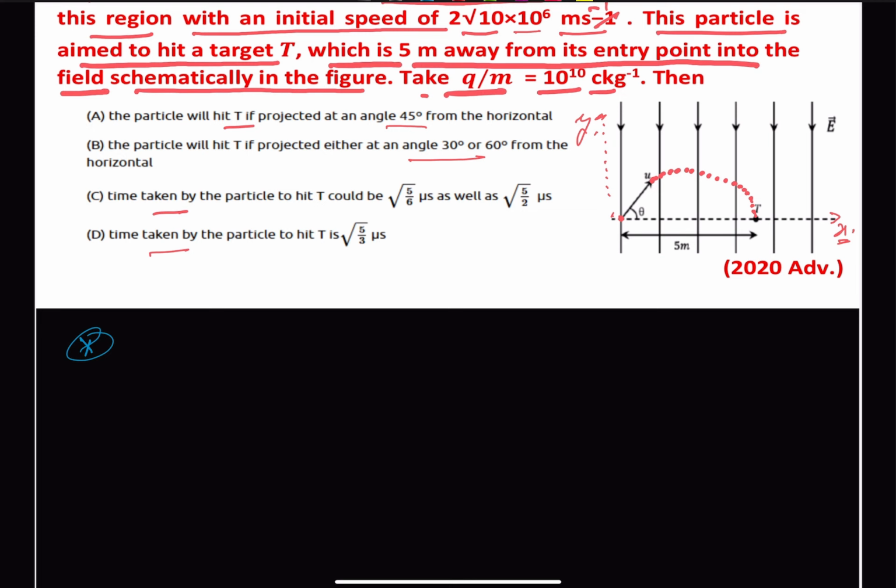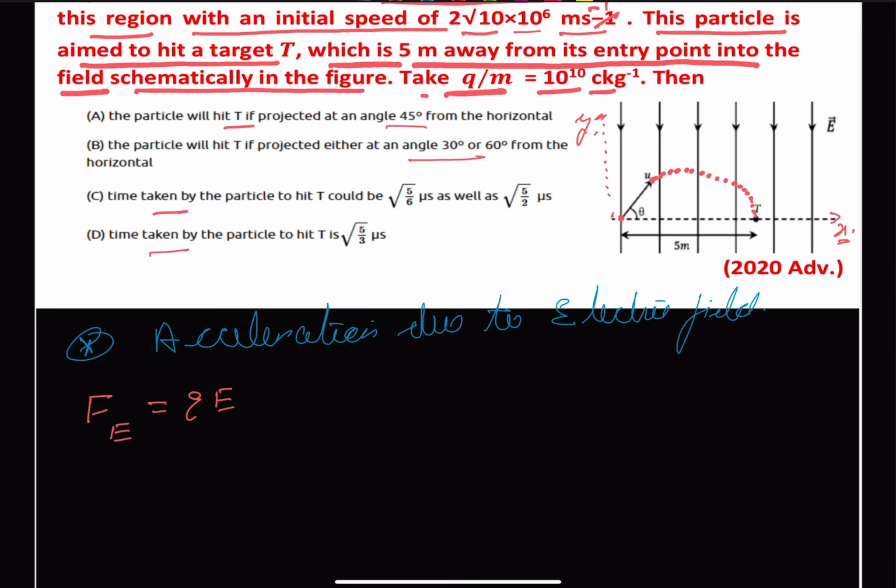So we can say acceleration due to electric field, and we can say that the force experienced due to electric field is q multiplied by electric field.